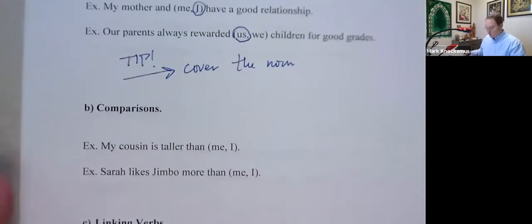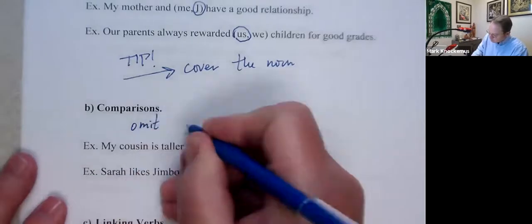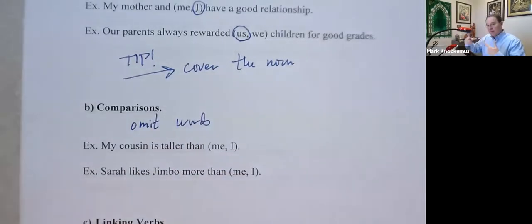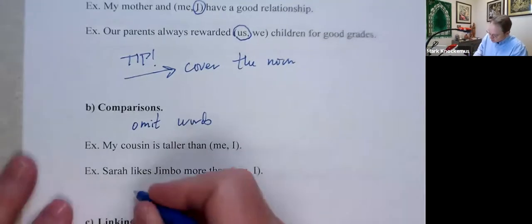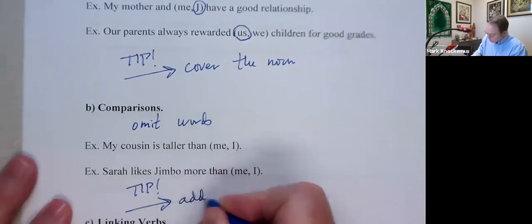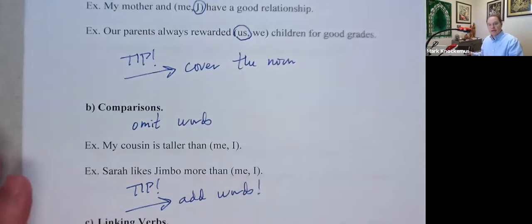What often happens when we make a comparison is we omit words, and that might lead us into a pronoun foul. So here's a tip. Add those words back in. For example, my cousin is taller than blank. My cousin is taller than blank blank.